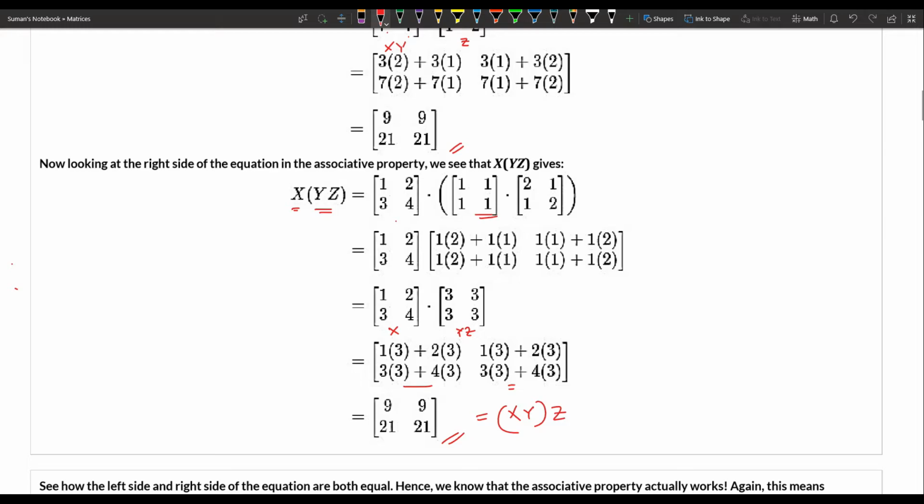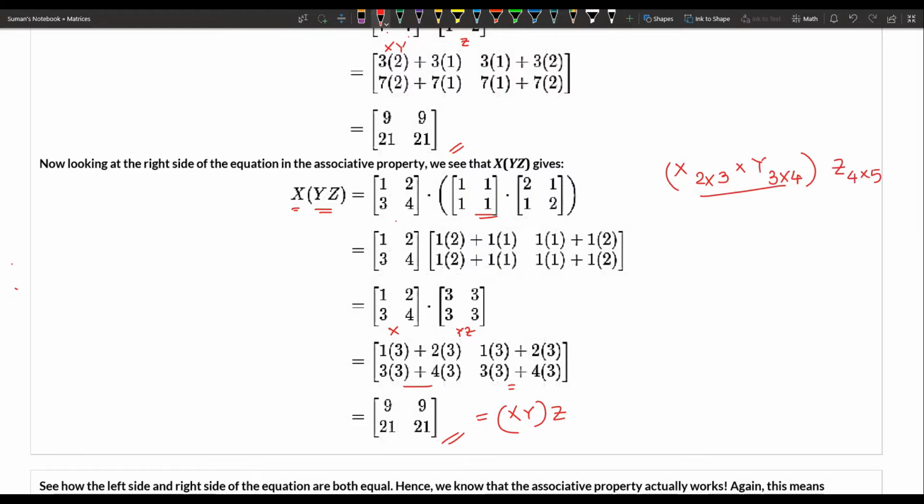Now let us suppose we have some other orders of matrices. Suppose X has order 2 cross 3. For multiplication with Y, Y has to be 3 cross, suppose, 4, and once again suppose for Z we have 4 cross 5.